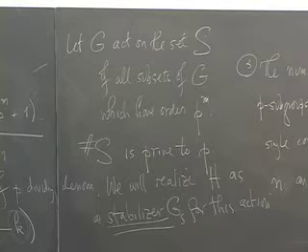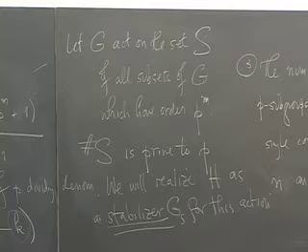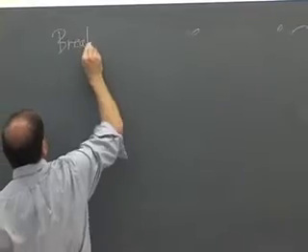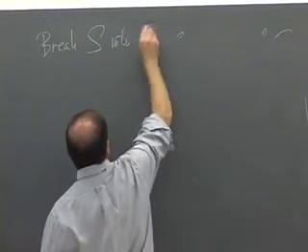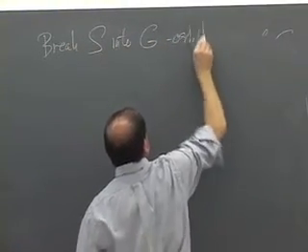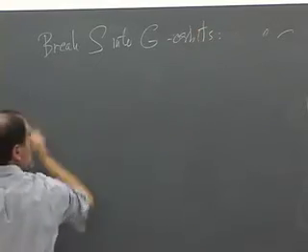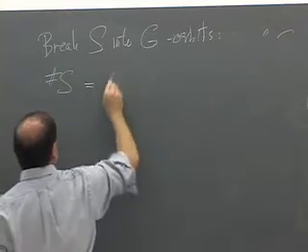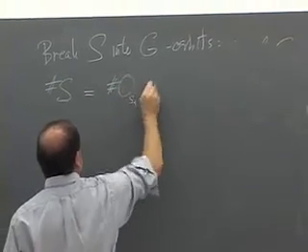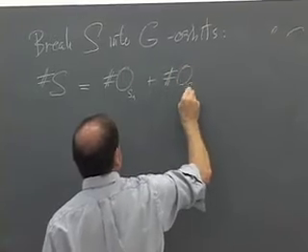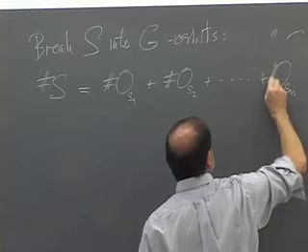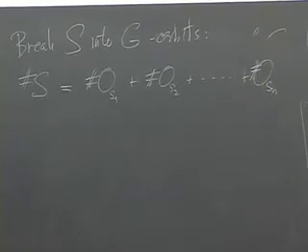Why? Well, we use our usual orbit method to break this action into orbits. Which tells us that the number of elements in S is equal to the number of elements in the first orbit plus the number of elements in the second orbit plus the number of elements in the nth orbit. And on each orbit, the group acts transitively.